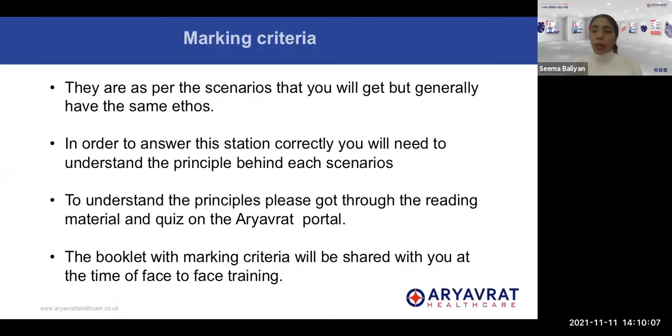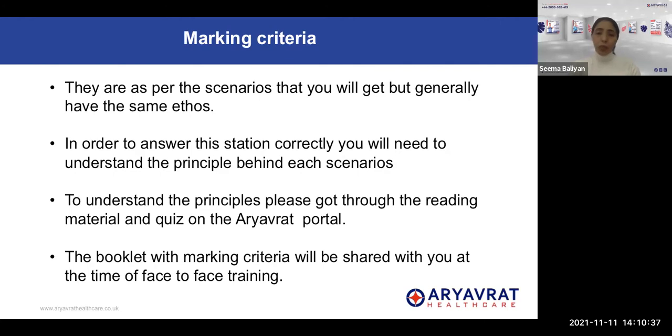Now, let's go through the marking criteria. Although the marking criteria are slightly geared towards the scenario which you are having, the general principle of all of the marking criteria remains the same. They have the same ethos. In order to answer this station correctly, you will need to understand the principles behind each scenario, as I already mentioned. And to understand the principles, please go through the reading material and the quiz on the Aryavrat portal.